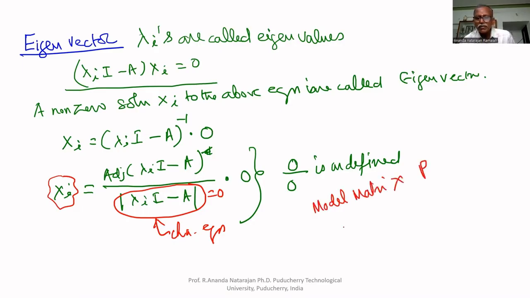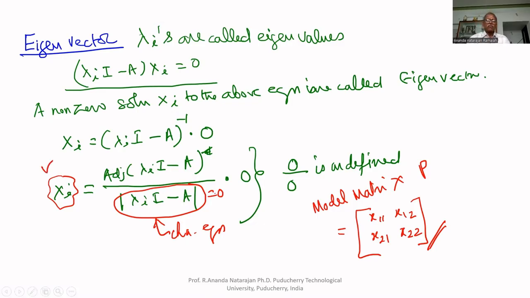Modal matrix P is the set of these values x11, x12, x21, x22. This is the modal matrix for a second order system. x11, x12, x21, x22 are values of xi when determinant of lambda I minus A is equal to 0.